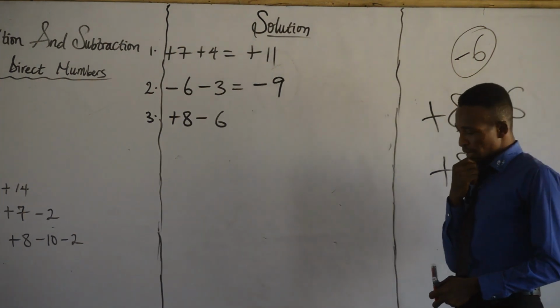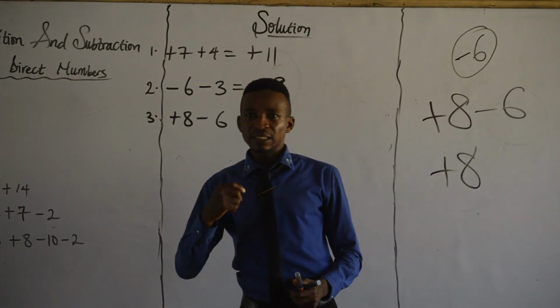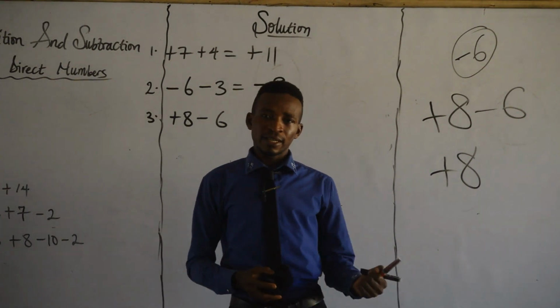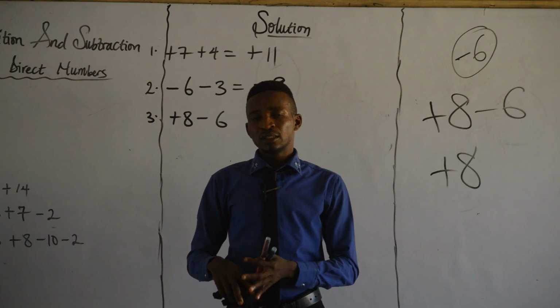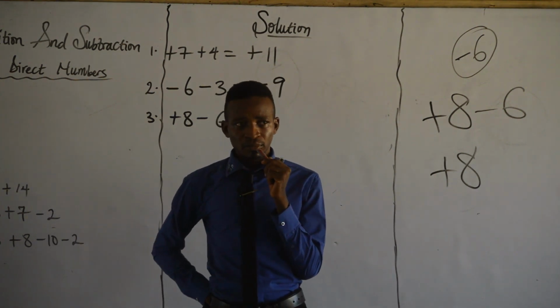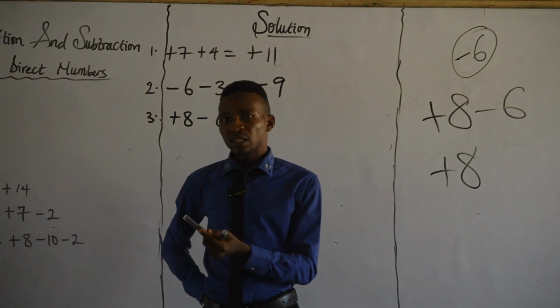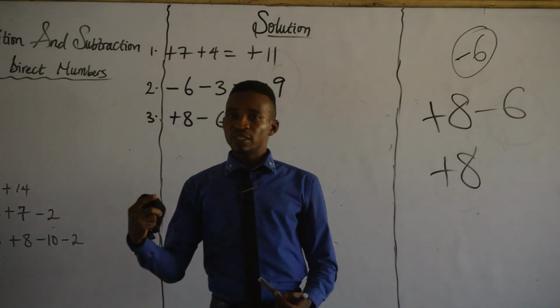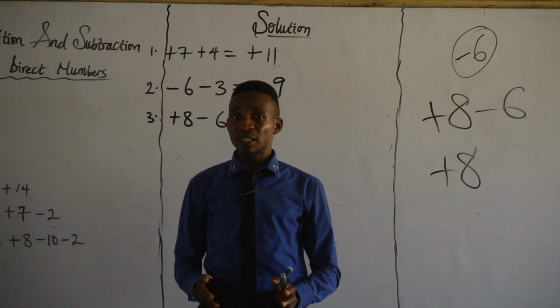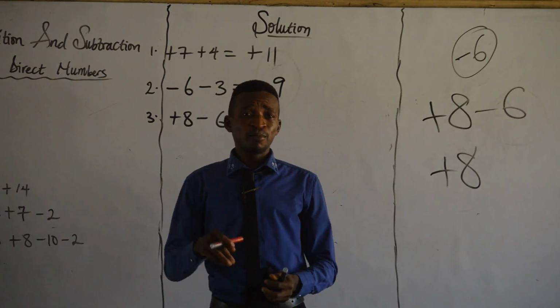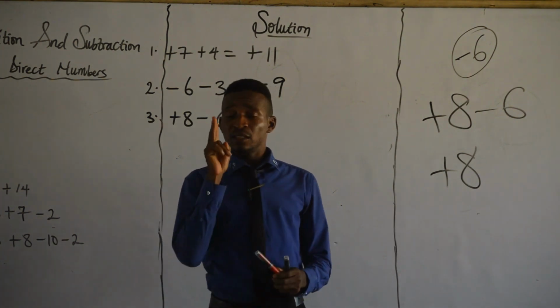You now ask yourself, if I give this person 6 naira from the 8 naira that I'm having, will I still be owing the person? It's simple arithmetic. I have 8 naira. I give the person 6 naira. That means I'm not owing the person again. How much will I be having? That means I'll be having 2 naira.